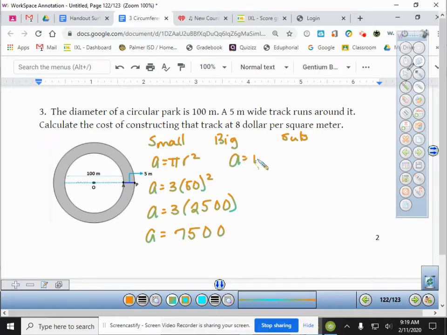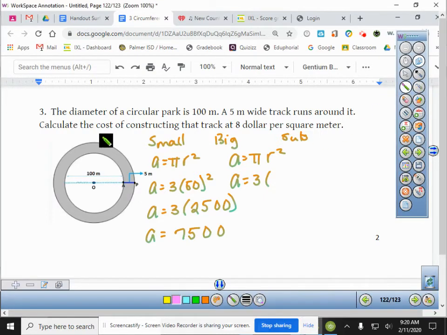Formula: area equals pi r squared. What is the radius of the big one? It is not 100. It's not 50, the little one's 50. The radius of this whole big old circle right here?